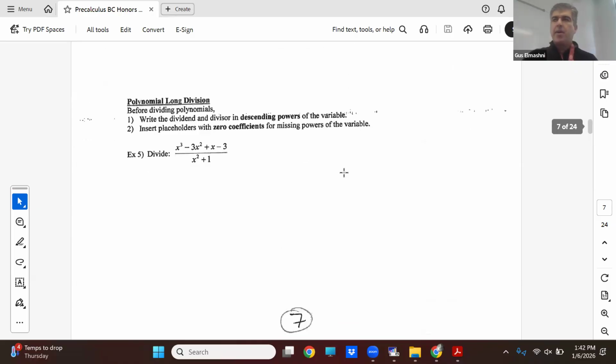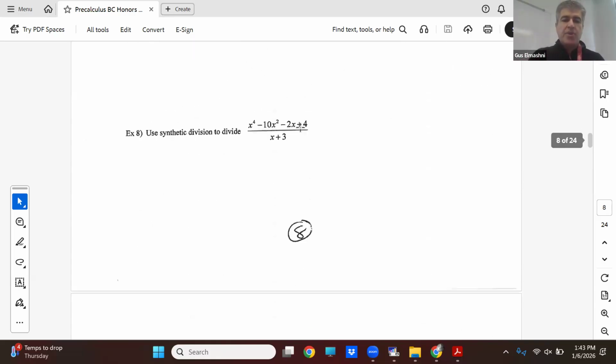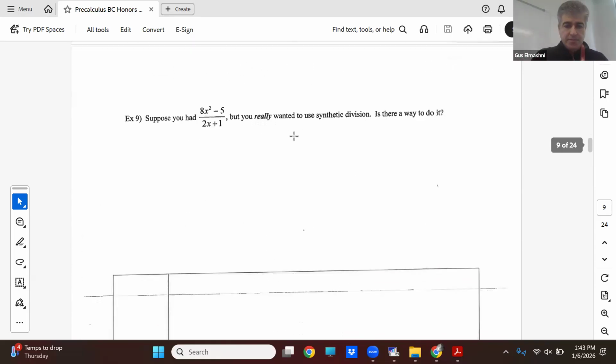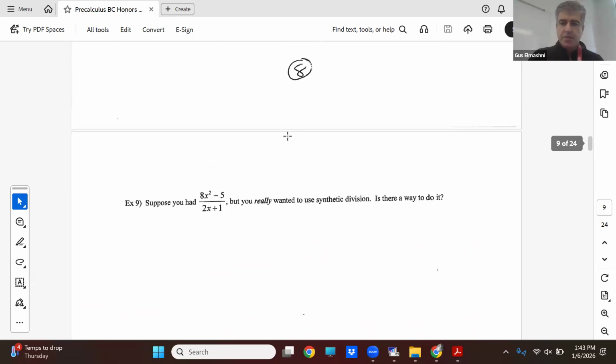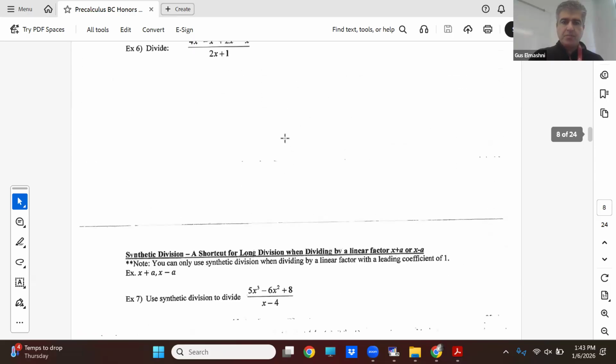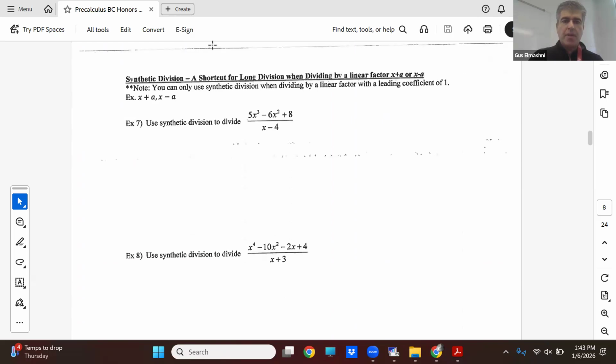I can't do synthetic with a nonlinear factor. So synthetic is very limited, but in case you're curious how synthetic looks, it looks like this. You guys have done it before, but we'll review really fast. Why do I put a 4 in the upper left corner?